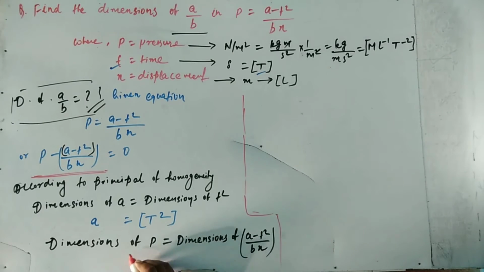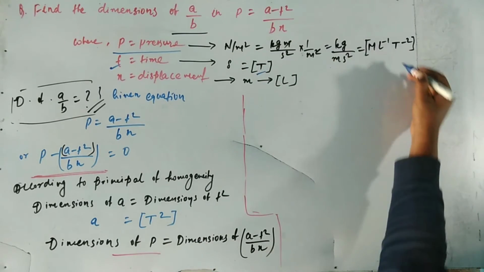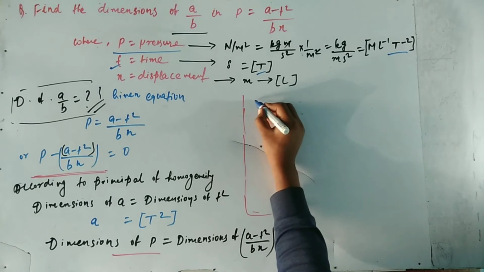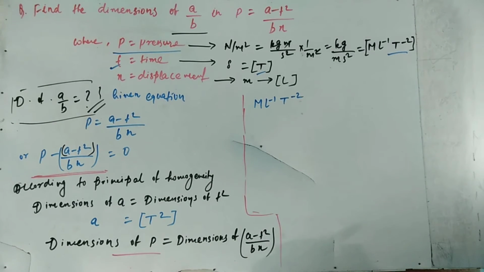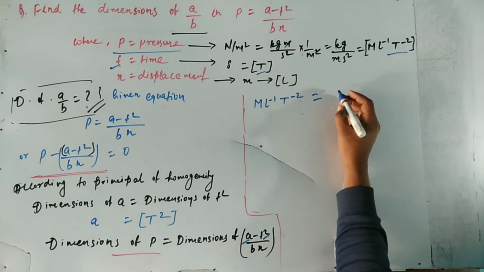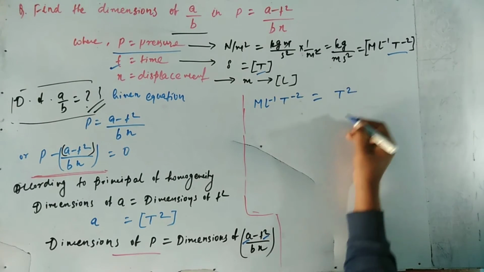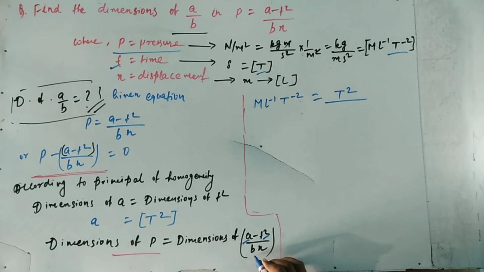Now we put in the dimensions of P, which is M L power minus 1 T power minus 2, equals, here A and T square both have the same dimensions. So dimensions can't be subtracted if they are equal.